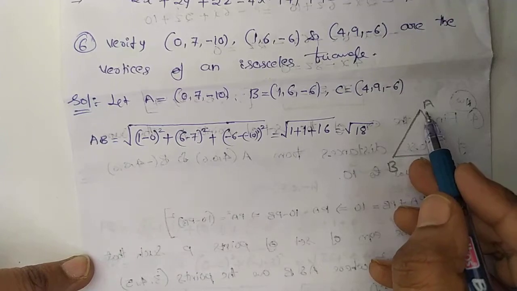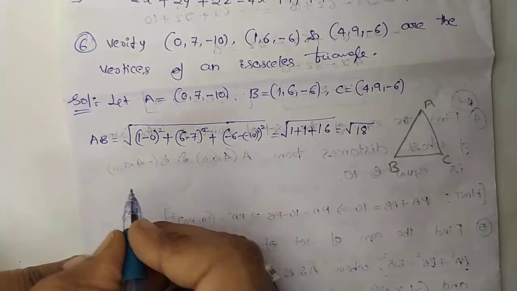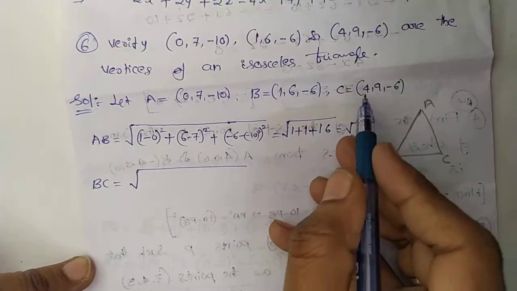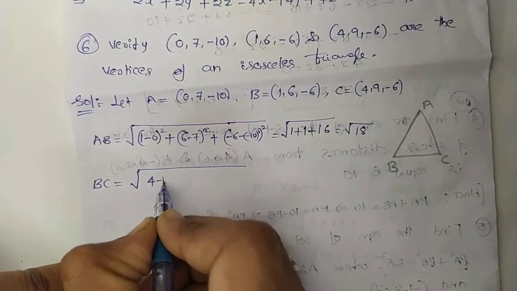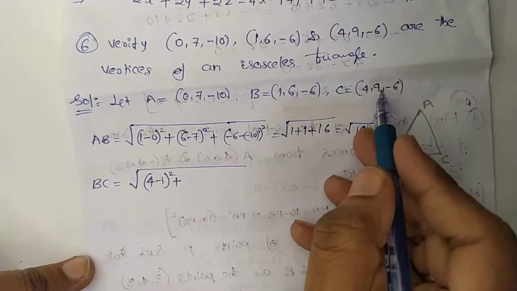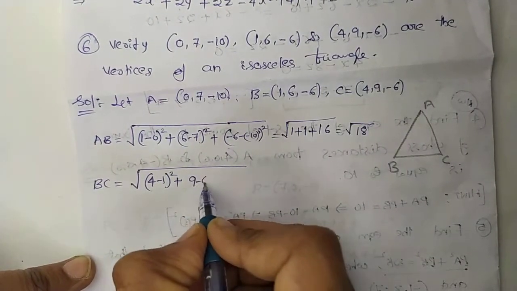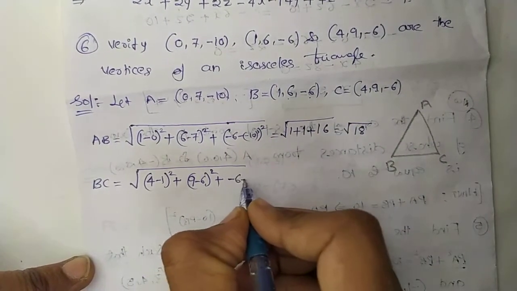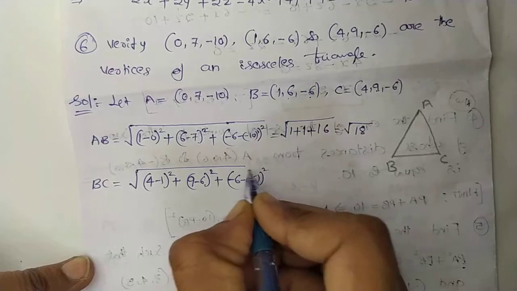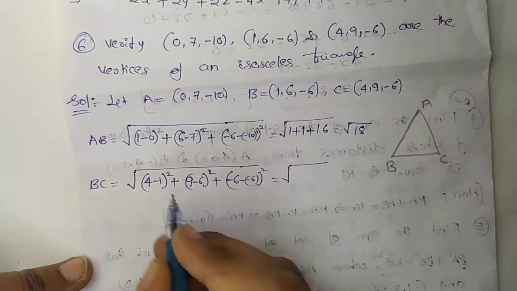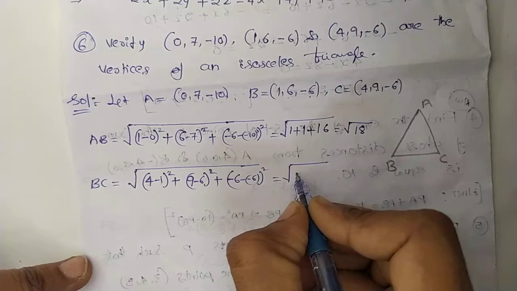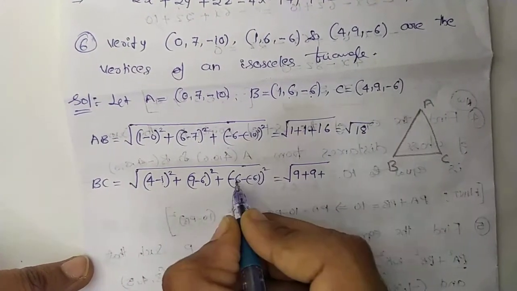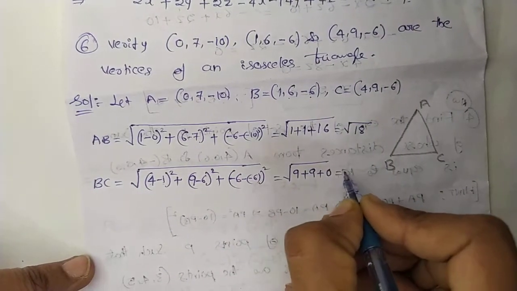Next, find the distance BC. BC equals the square root of (4 minus 1) whole square plus (9 minus 6) whole square plus (-6 minus (-6)) whole square, equals square root of 4 minus 1 is 3, 3 square is 9, plus 9 minus 6 is 3, 3 square is 9, plus minus 6 minus of minus 6 is 0, equals root 18.